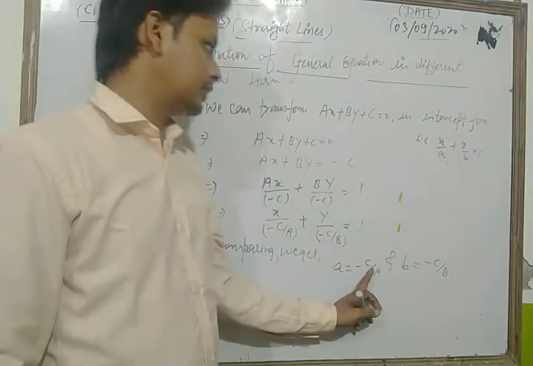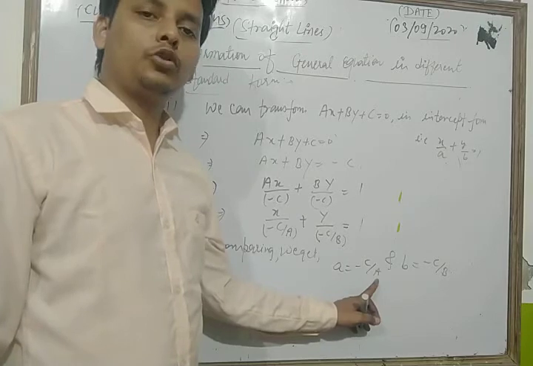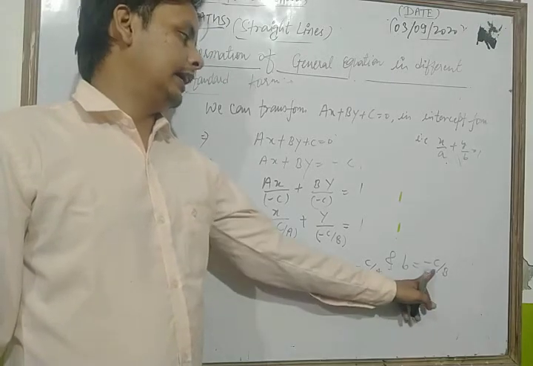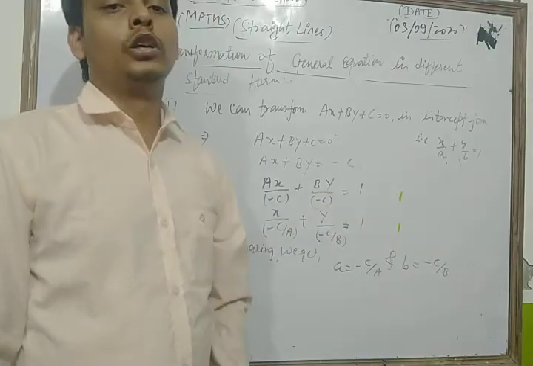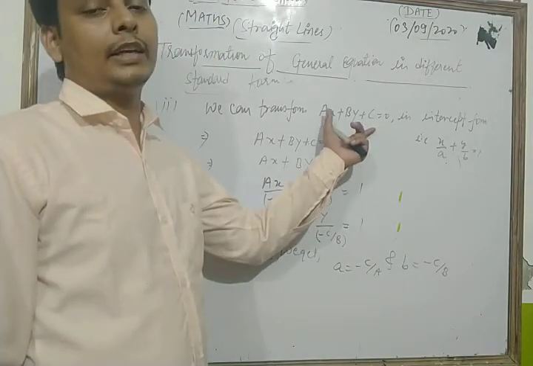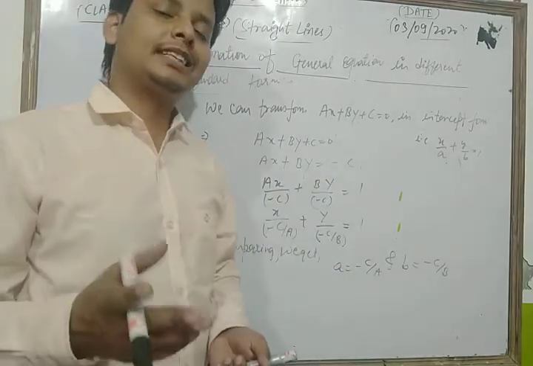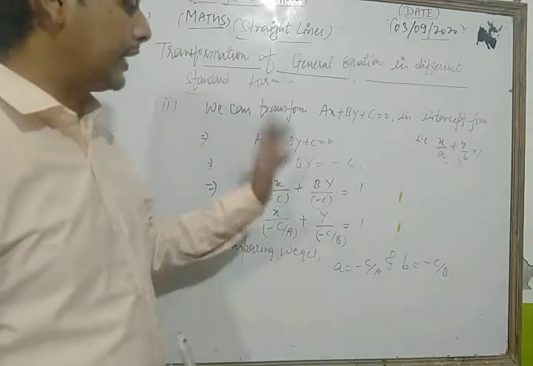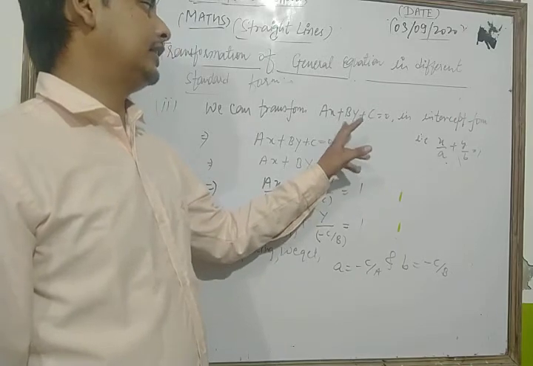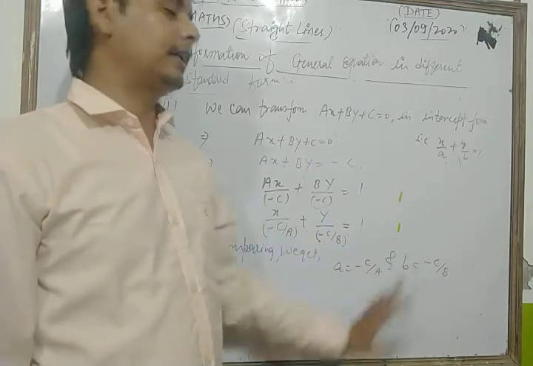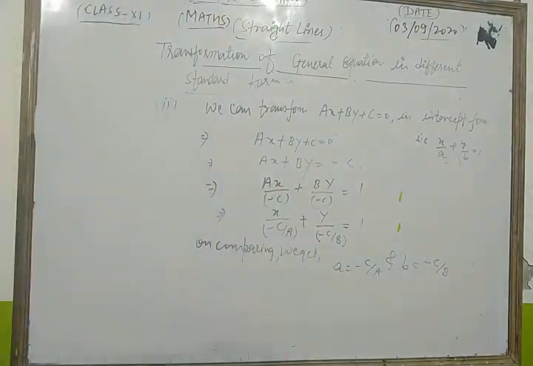Here c is the constant term, a is the coefficient of x, and b is the coefficient of y. So from that equation of line we find the x-intercept and y-intercept directly by this formula, meaning the x-intercept is minus c upon a, and the y-intercept is calculated by the formula minus c upon b.